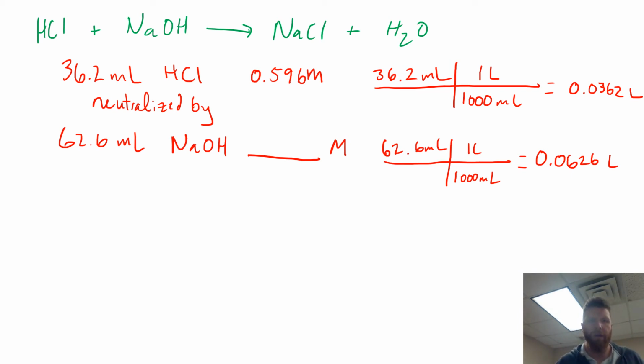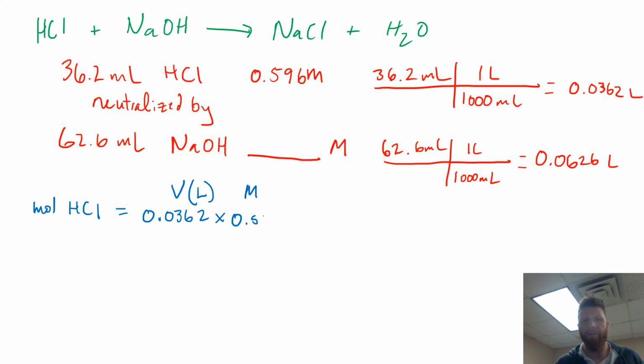So the moles of HCl is going to be 0.0362 times our concentration. So volume in liters times our concentration in molarity, the capital M, 0.596.